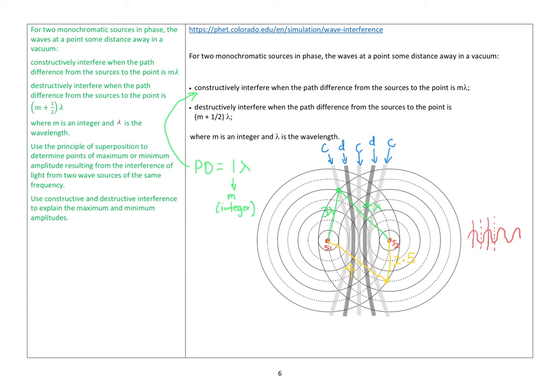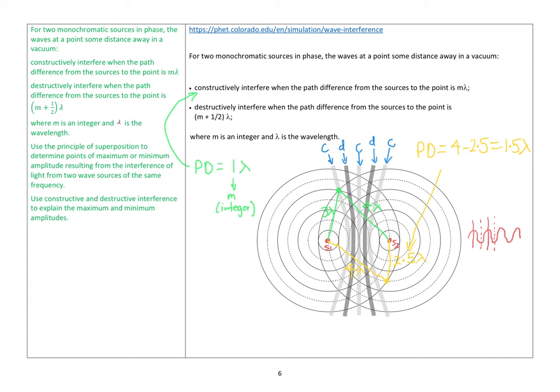So in this case here, the path difference is equal to 4 minus 2.5, which is equal to 1.5 lambda. Probably should have put wavelengths on those as well.